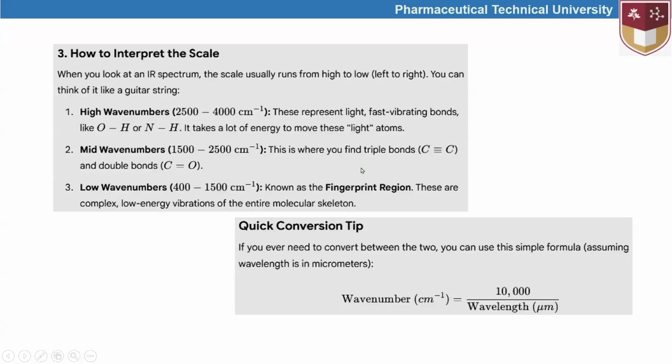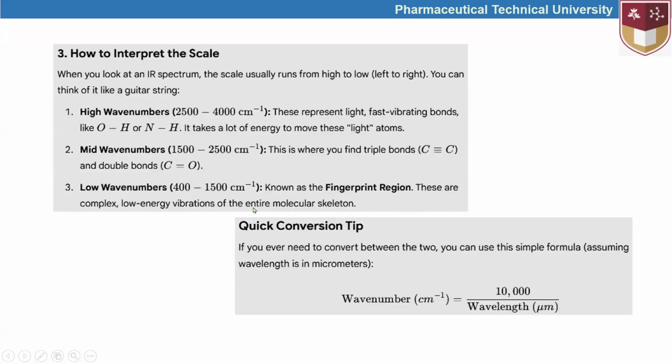This is where you find the triple bonds or double bonds. And low wave numbers, from 1,500 to 400 reciprocal centimeters, are termed the fingerprint region.